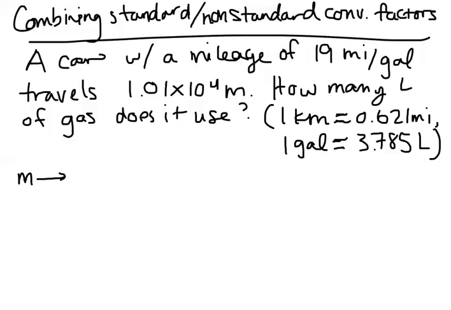So I'm going to go from meters to kilometers to miles. Then where am I going? Gallons, because we can use our miles per gallon, our gas mileage. And then I go to liters, because that's what I want at the end. Highly recommend writing out your unit map.